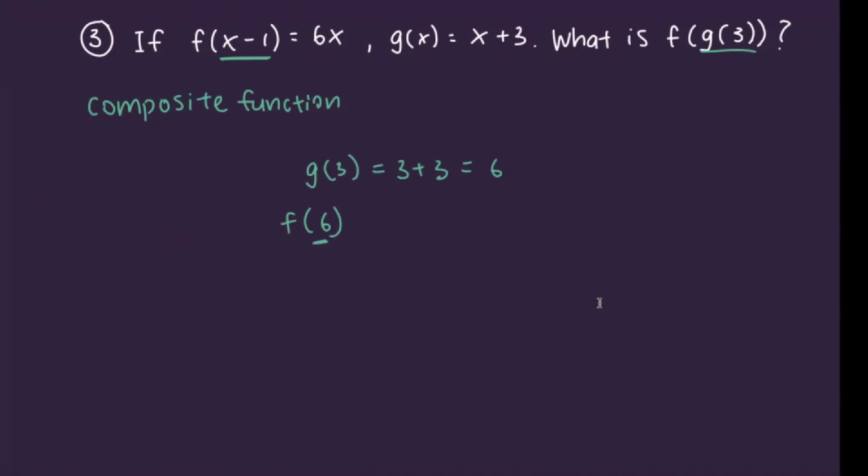The x would be 7, minus 1. And this will equal 6 times 7. Now 6 times 7 is 42. So our answer to this composite function is 42.